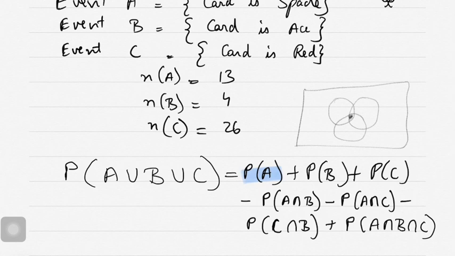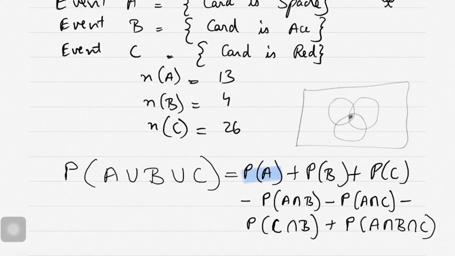These are the components of event A. And event B is cards which are ace: ace of spade, ace of club, ace of heart and ace of diamond. So which is common?